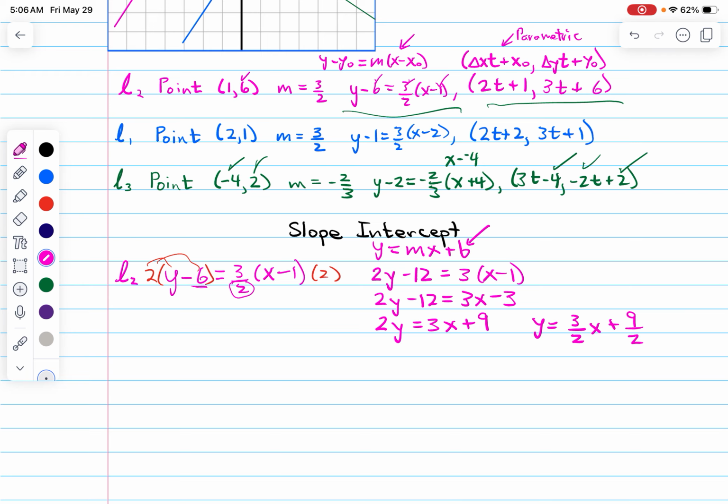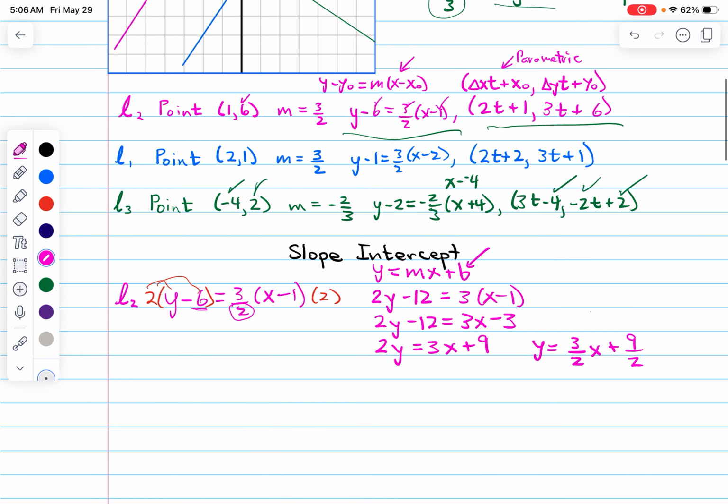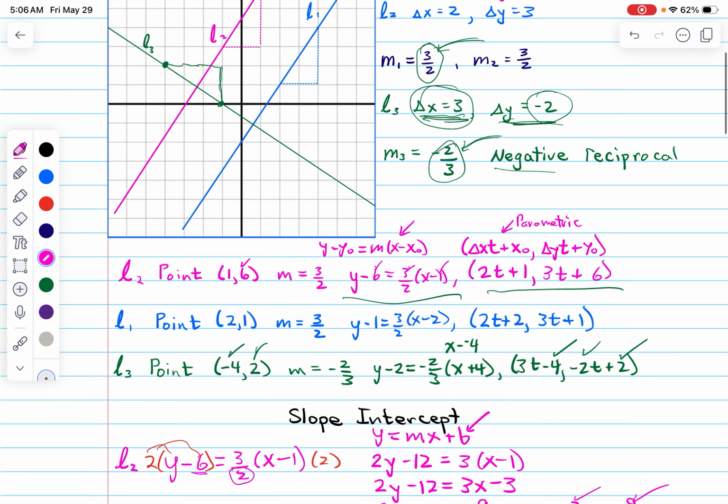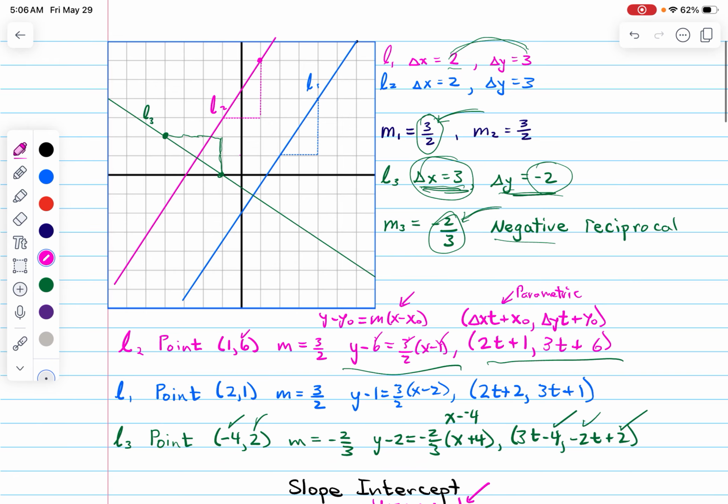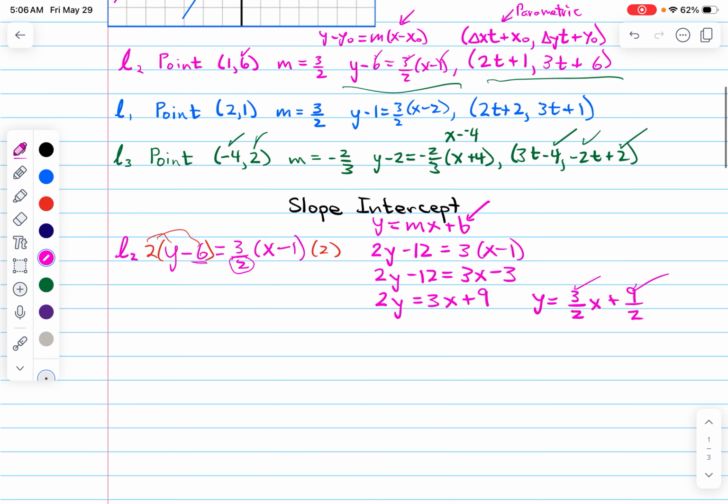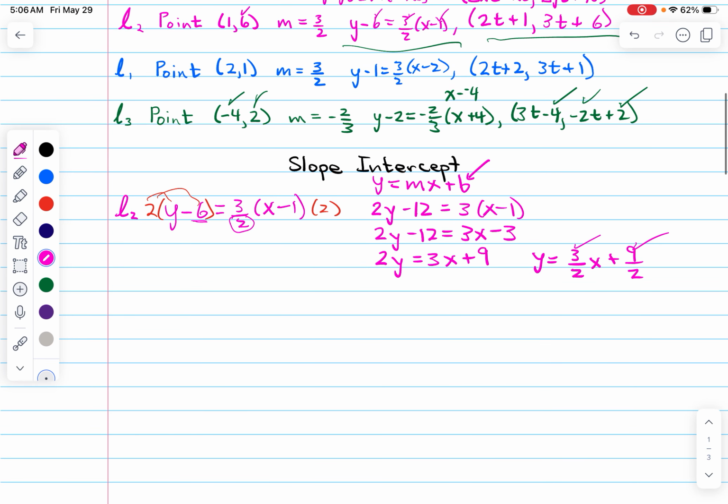And there is my slope-intercept form. And notice you got the same slope, 3 halves. And here is where it crosses the y-axis. Up here you've got 1, 2, 3, 4, 4.5 right there. And 9 halves is 4.5. So once again, let's look at L1. Let's see how we do this. We've got y minus 1 equals 3 halves times x minus 2.